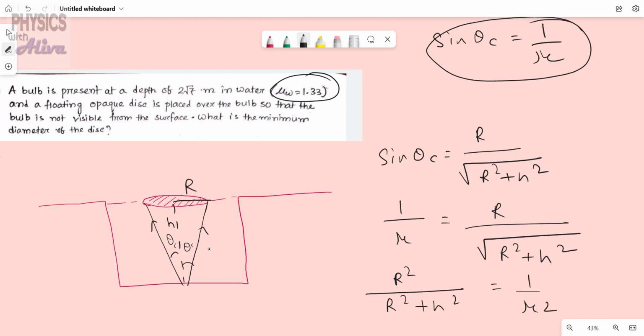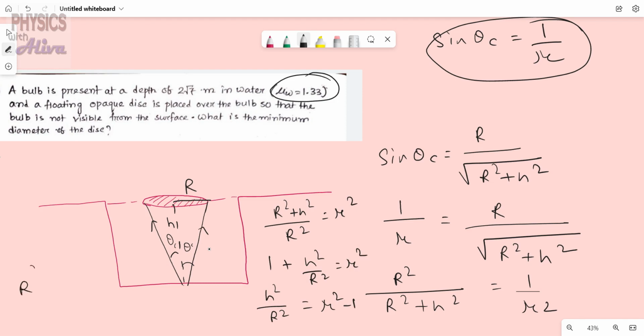So we get R square plus H square by R square is equal to mu square, that is, 1 plus H square by R square is equal to mu square. So H square by R square is equal to mu square minus 1, right?